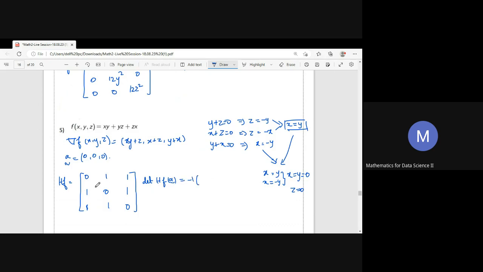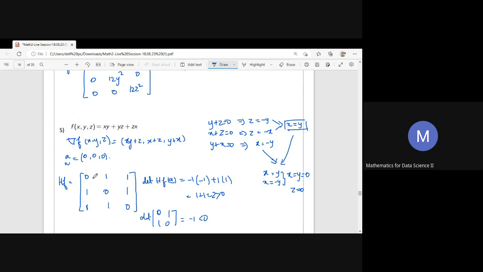Minus 1 times (1 minus 1), and then plus 1 times 1. So it is 1 plus 1, 2. Did I do the calculation correctly? Yes. So the answer is 2, which is positive. Now what about the determinant of this part here? It is 0 minus 1, so it is minus 1. So negative.